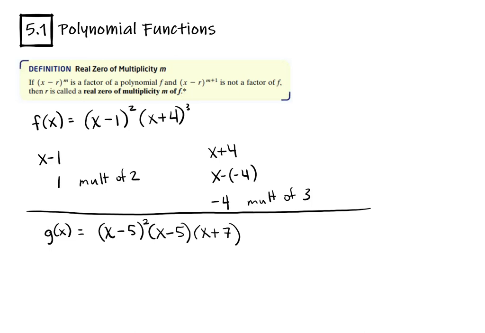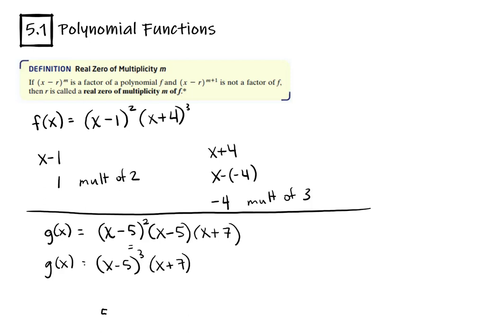So taking a look at the definition, why does it say m as a power and then m plus 1 as another power? Well, basically, here's an example to go with that. For g of x, we see it says x minus 5 squared times x minus 5 times x plus 7. It would be incorrect to say that the 5 over here has a multiplicity of 2, even though that's the power on it. Why? Because it's not written in simplest form. If we were to properly write this, we would get x minus 5 to the 3rd power, and then x plus 7.